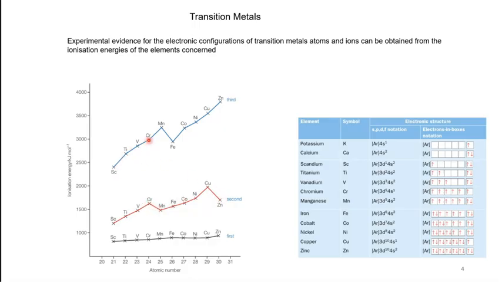You see this also in manganese and iron and the third ionization energy. So we know about the ionization energy of these transition elements, and then we can predict many properties of these 3d elements.